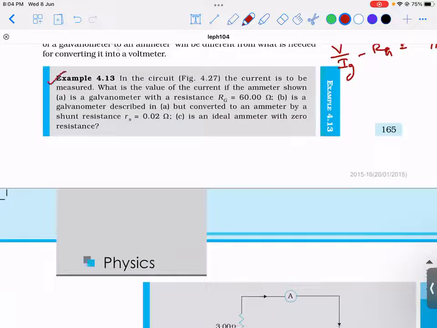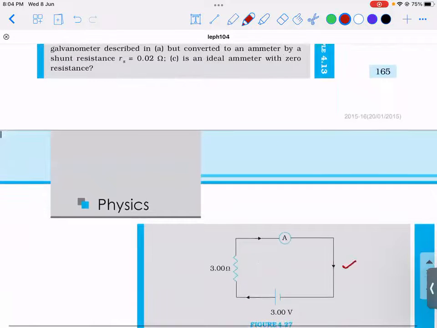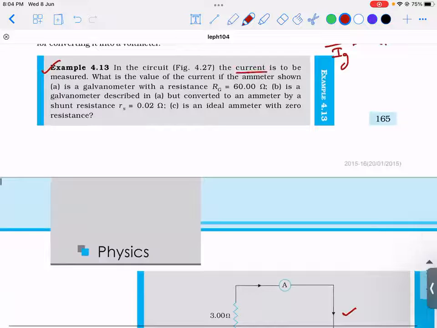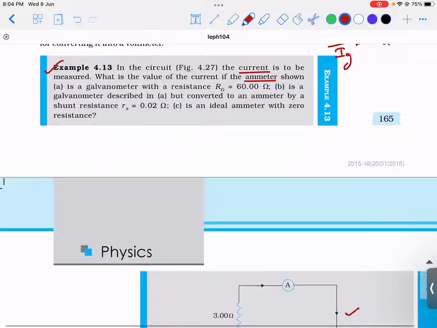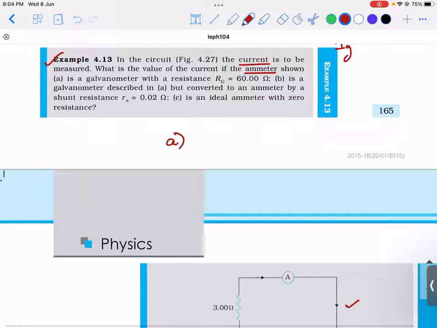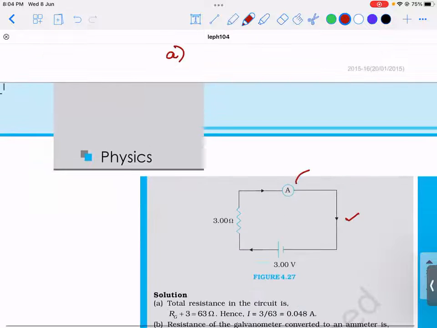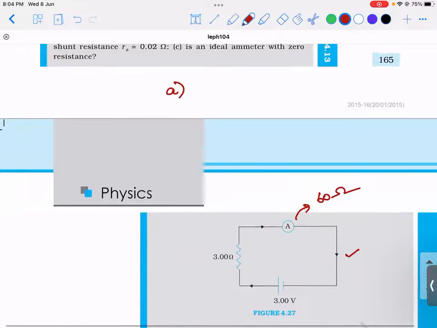Let's do this problem and we can wind up. Try out 4.13. In the circuit shown in figure 4.27, the current is to be measured. What is the value of the current in the ammeter shown? It is a galvanometer with a resistance of 60 ohm. In case A, if the galvanometer is of 60 ohm resistance, what would be the current measured by it?